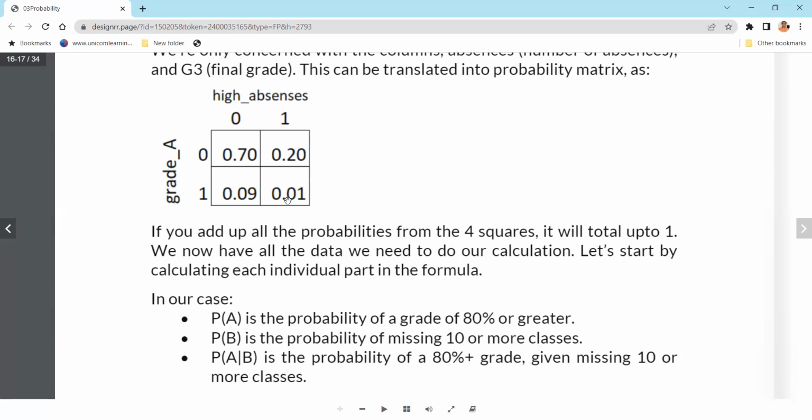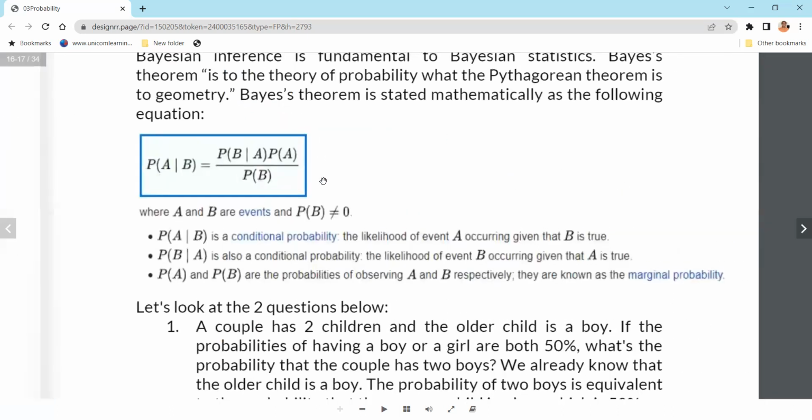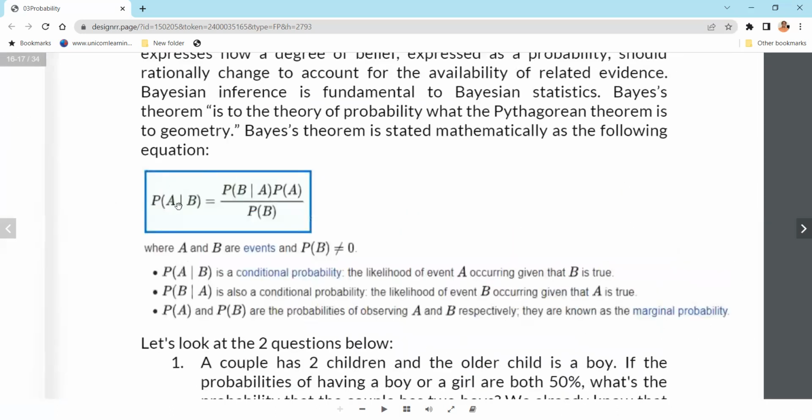Okay, so that's how we are able to perform what is called conditional probability or Bayesian probability, given that. The formula is this: P of A given B. That means what is the probability of A occurring when B is given? You know B is given. So B is open.